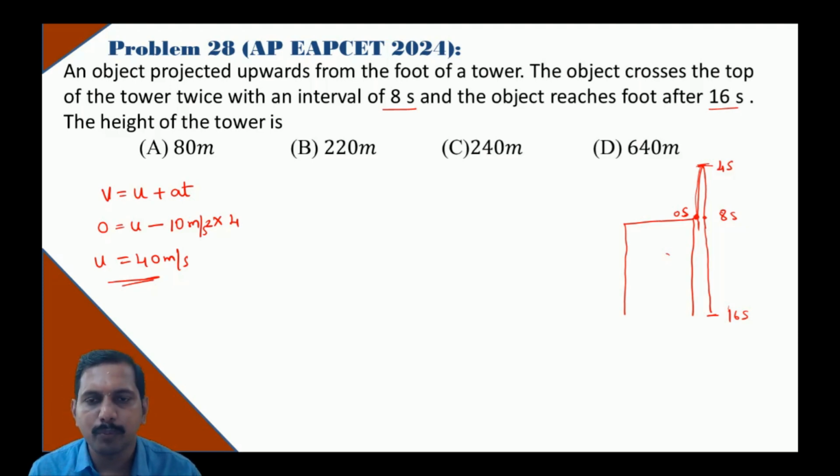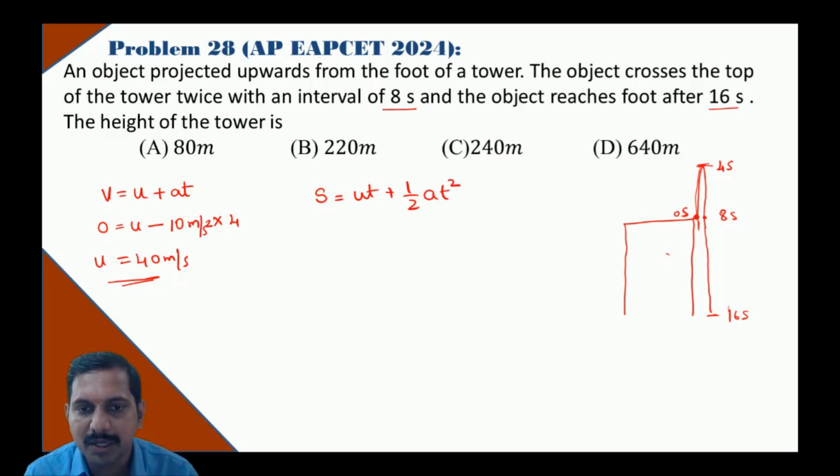Now next, what we have to put? We have to put the second equation, which is s is equal to ut plus half at square, right? Now here, we need not take the duration from the top, we can take the duration from the starting till the end.